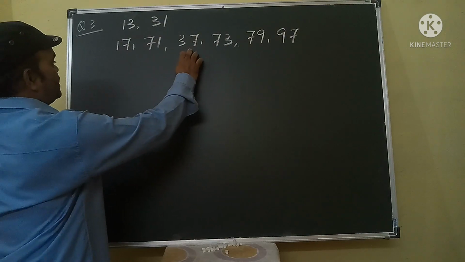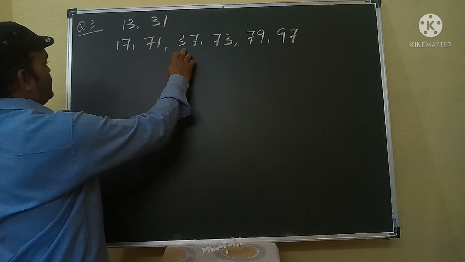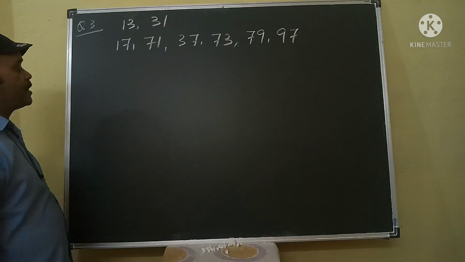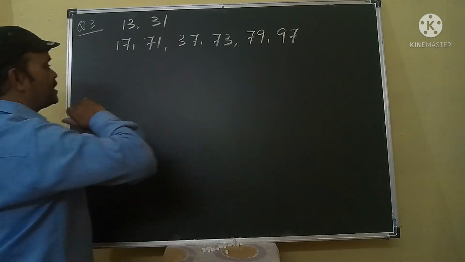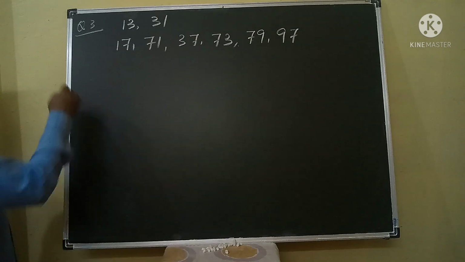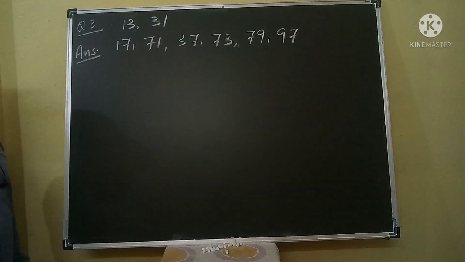In prime numbers 37 and 73, the digits are the same, 7 and 3. In prime numbers 79 and 97, the digits are the same, 7 and 9. So this is the answer of question number 3.